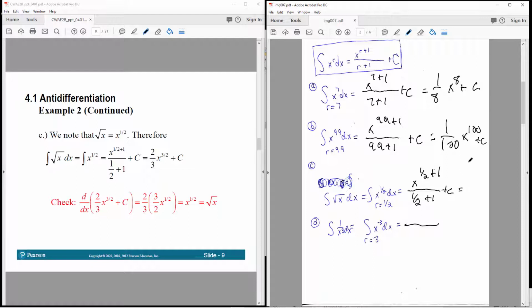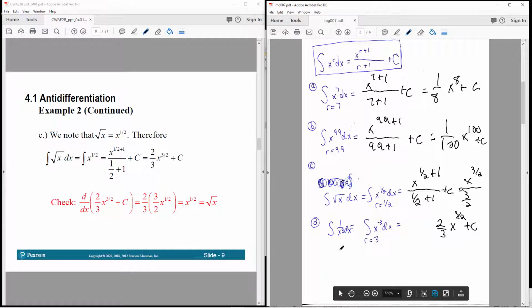And that's going to become x to the 3/2 with 3/2 on the bottom, which is 2/3 x to the 3/2 plus c.